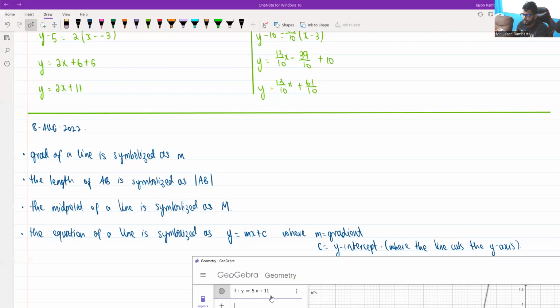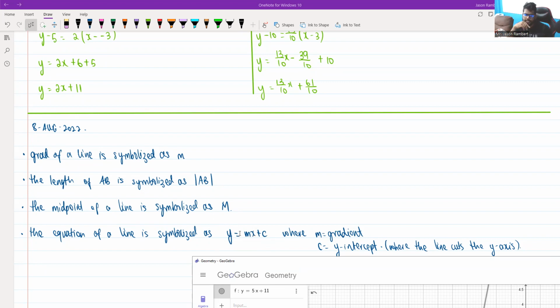Look at the equation here. Does it look exactly like y is mx plus c? Yes. So when our equation looks like this, I can pull out what the gradient is and what the y-intercept is.